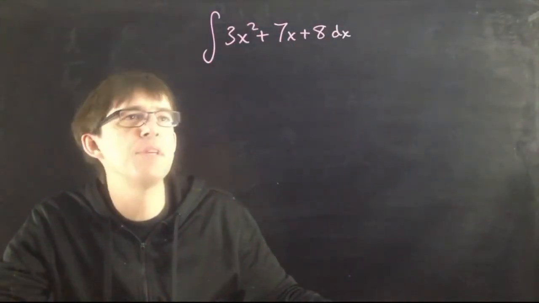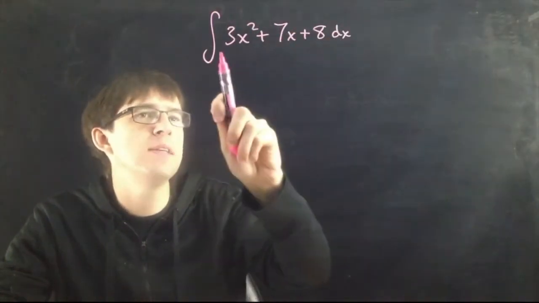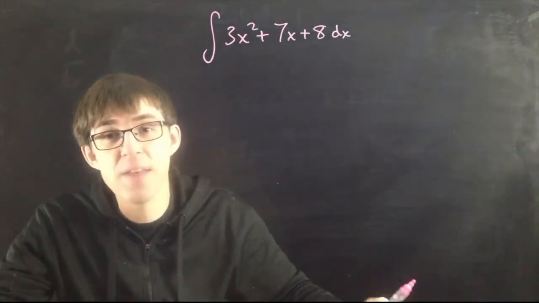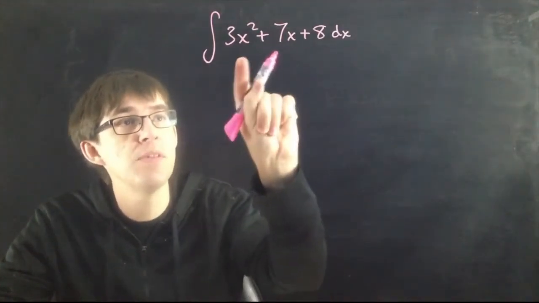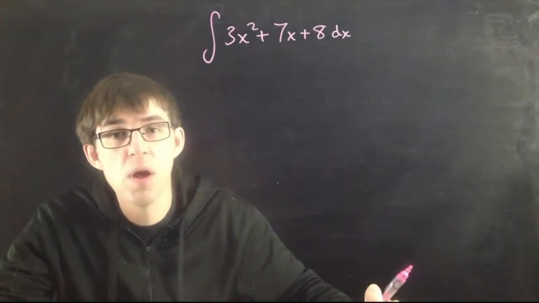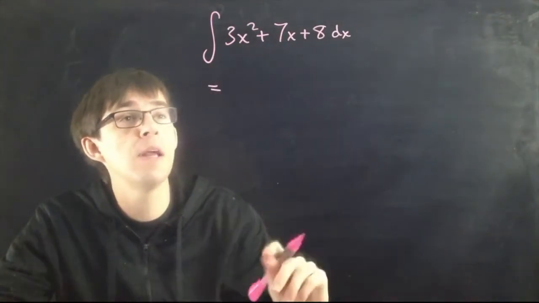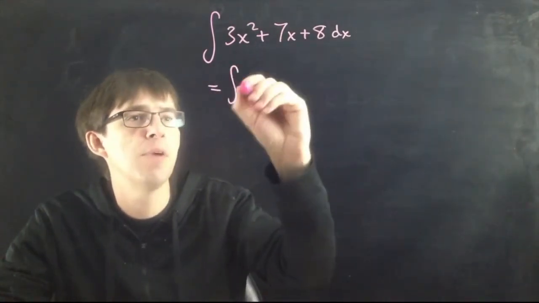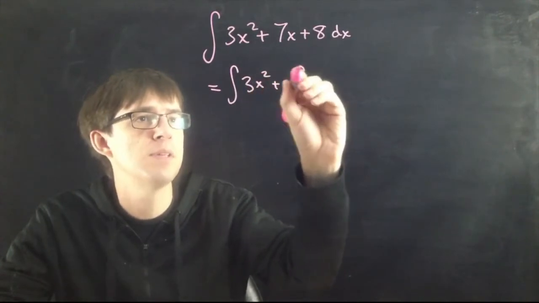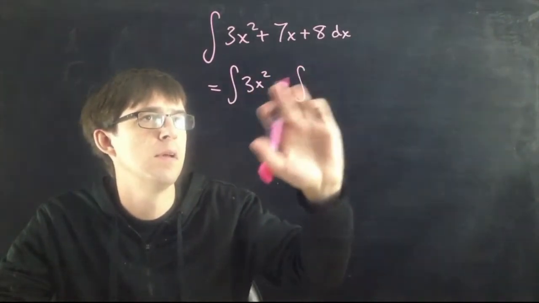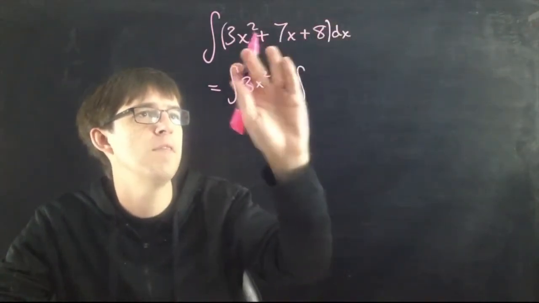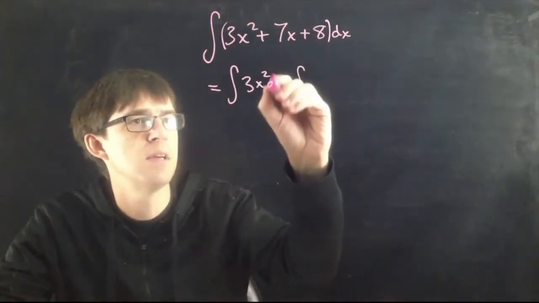Examples. I got examples. Here's an easy one. Now, what I see here is a bunch of stuff added together. That means we can just go down the list here and do the integral of each one. And what are we going to get? I'll break it up this way: the integral of 3x squared plus the integral of 7x dx, plus the integral of 8 dx. All of this is inside the integral with the dx.